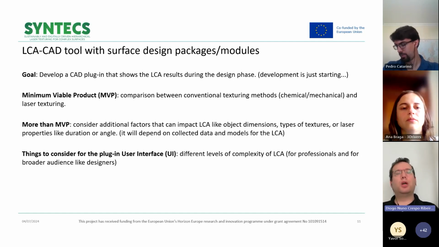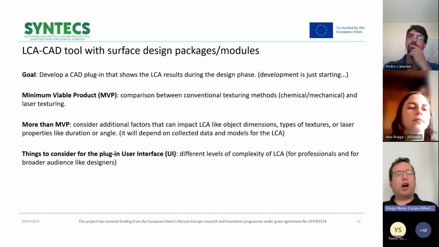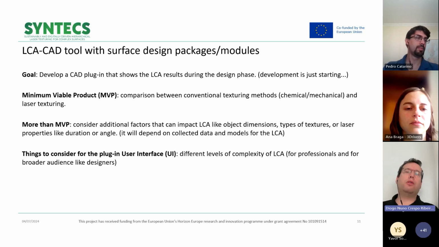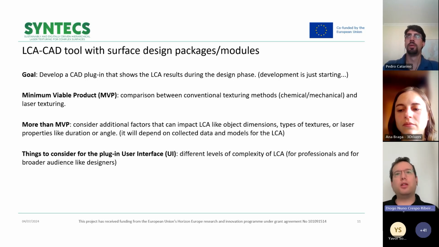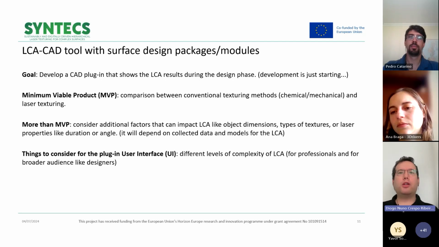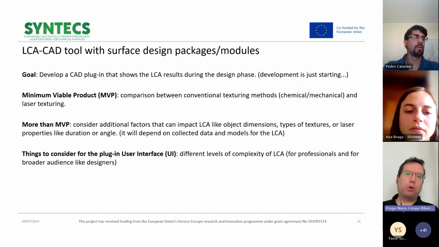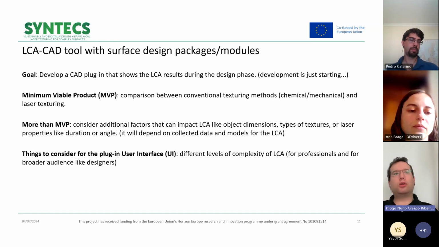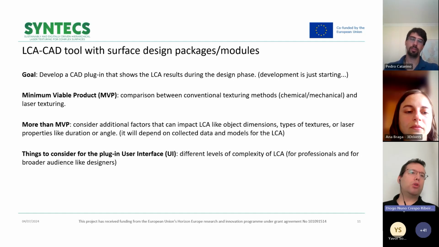However, we want to go further on this, but this is going to be very, I would say, data dependent. Depending on the data that we can collect and the models that we can generalize and develop, we can look in other directions, considering, for example, object or model dimensions, types of textures, or even laser properties like the duration or the angle.